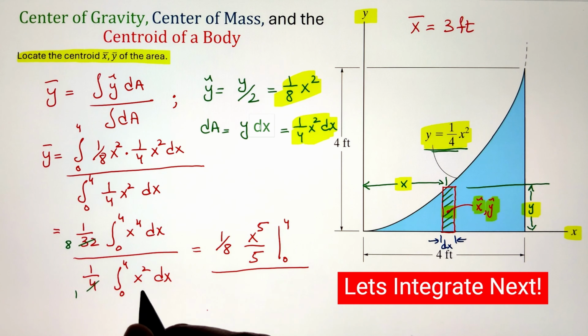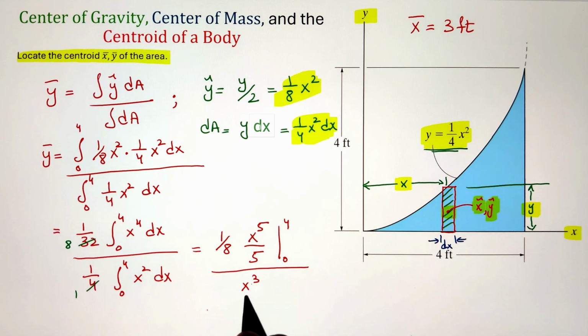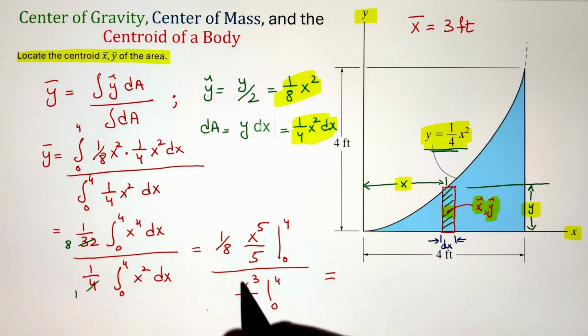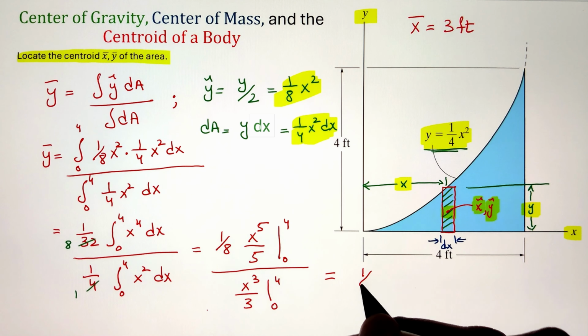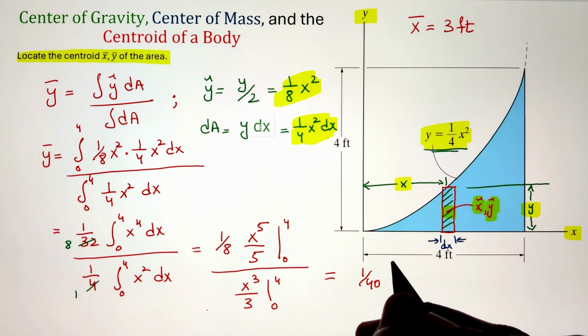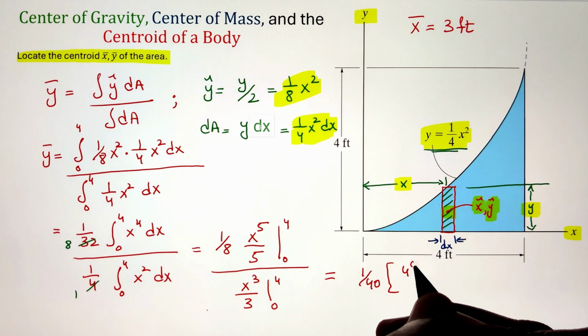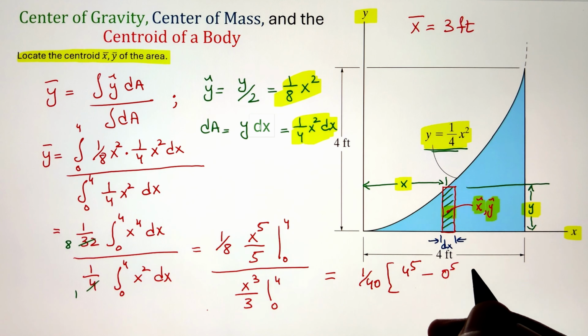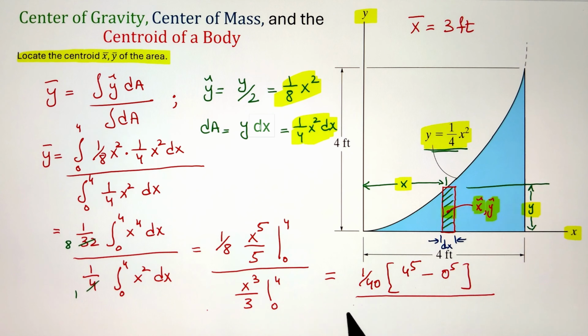Next, let's go ahead and plug in the limits here. So the upper limit is 4 and the lower limit is 0. So we can go ahead and plug these values and simplify it to get our value of y bar, that is coming as 1.2 feet. Now these values of x bar and y bar represent the geometric center of the area.